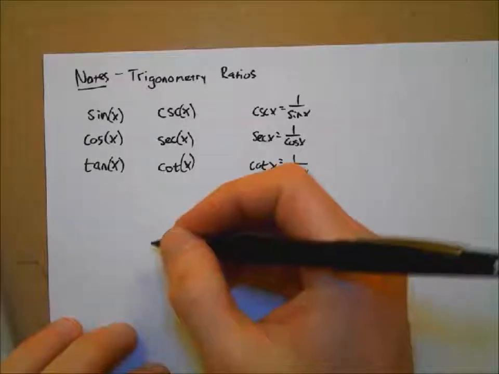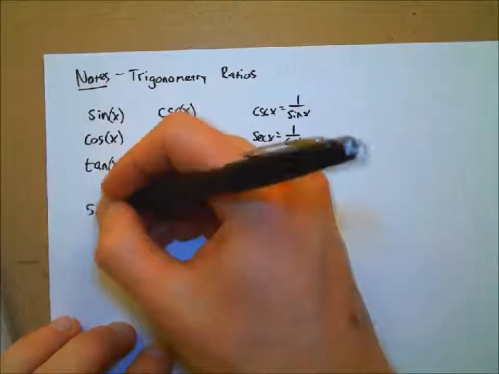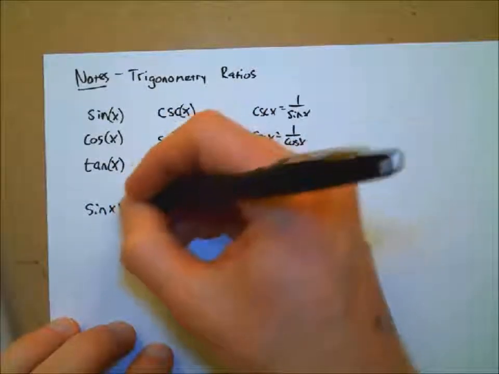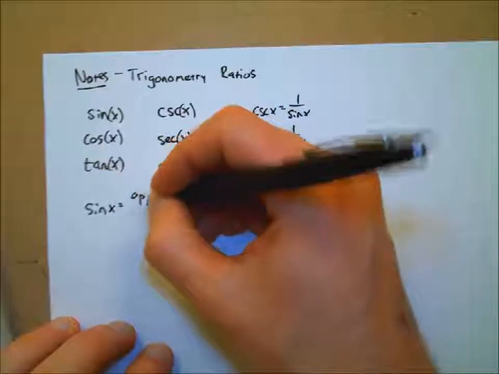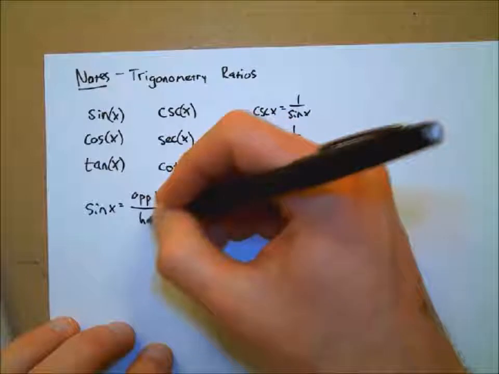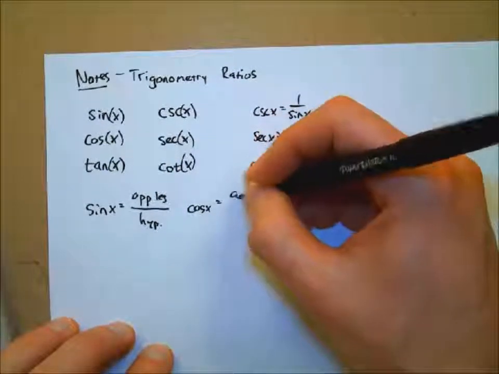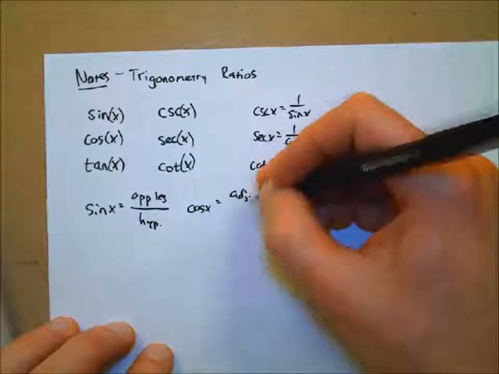Remember that sine of something is equal to the opposite leg over the hypotenuse. And then cosine of x is equal to the adjacent leg over the hypotenuse.